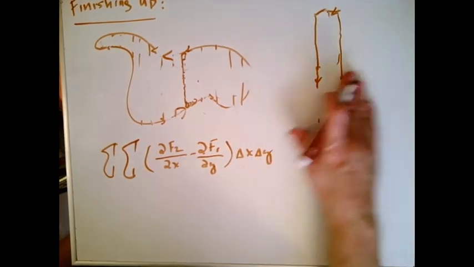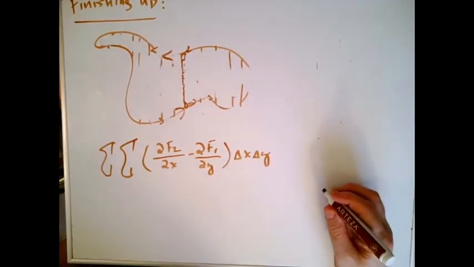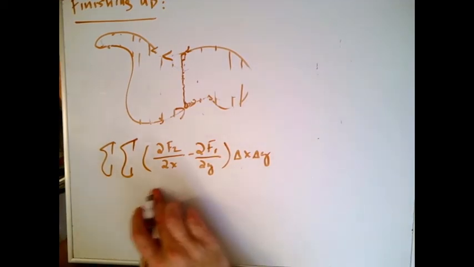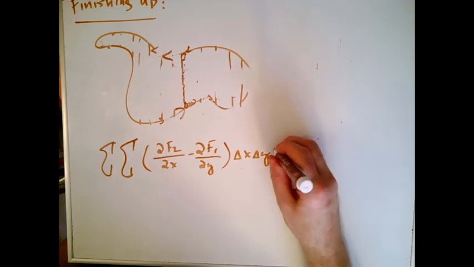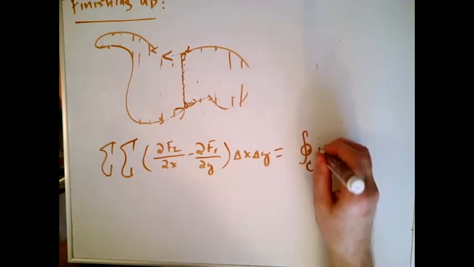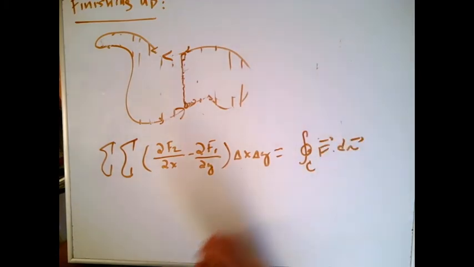So what we get here is that the sum of all the little work done, as estimated this way, is going to give an estimate of the work done around the whole curve, as long as we agree to go counterclockwise.